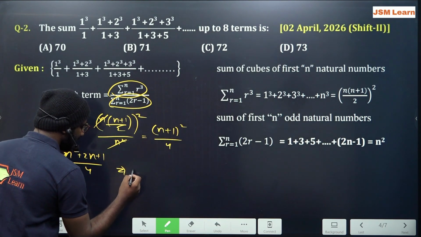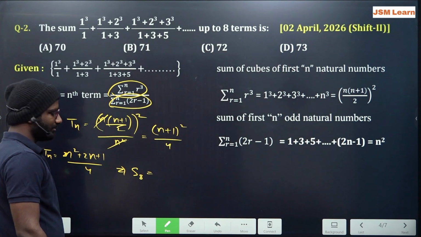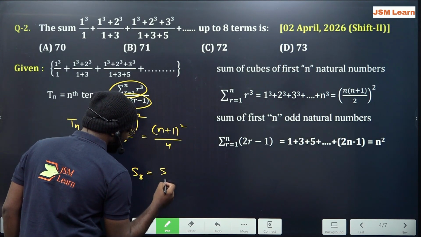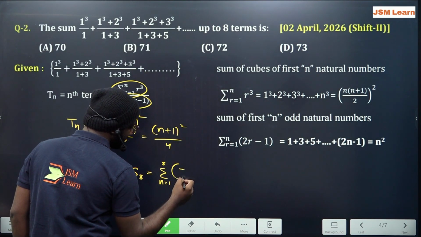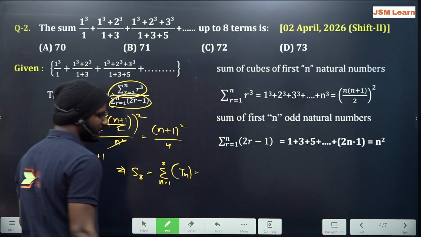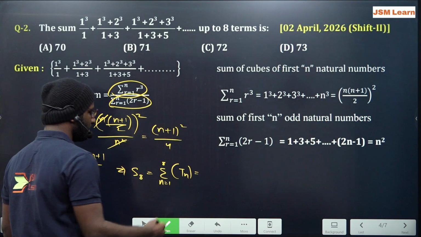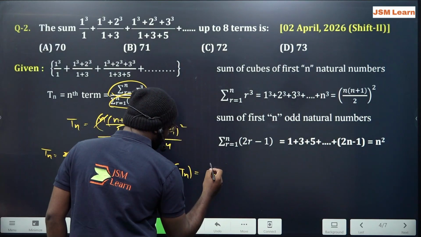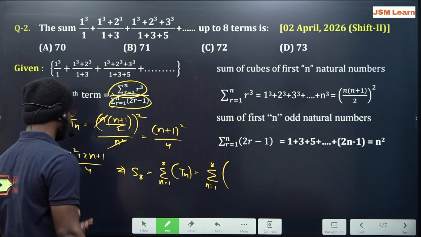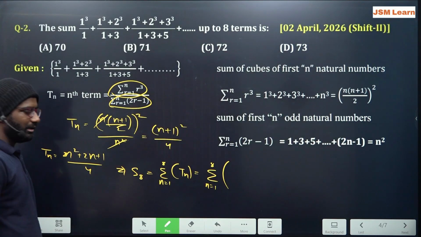So this I will indicate with S8, the sum of 8 terms, which can be written as sigma n running from 1 to 8 of Tn, which means T1 plus T2 plus T3 and so on up to T8 we are going to add. The nth term of this sequence is (n squared plus 2n plus 1) by 4, right?